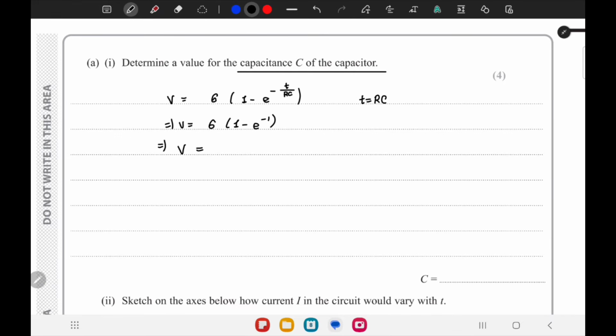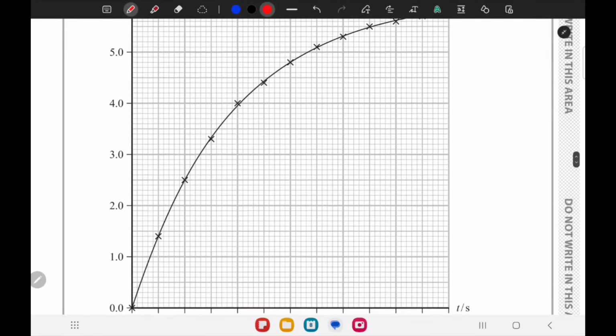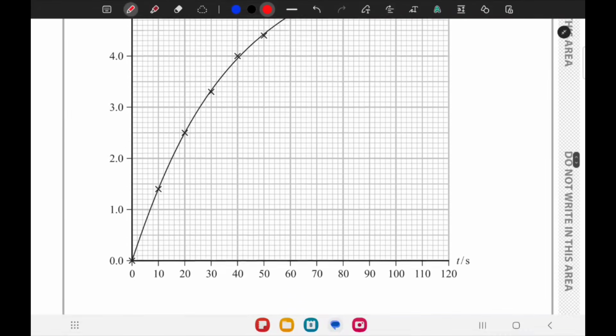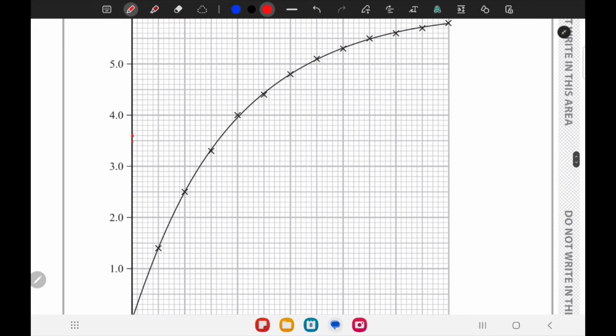So the voltage would be 3.79 volt. So we need to find the value of t when the voltage is 3.79. So we go to the graph, we need 3.79, this is 3.6, 3.7, 3.8.